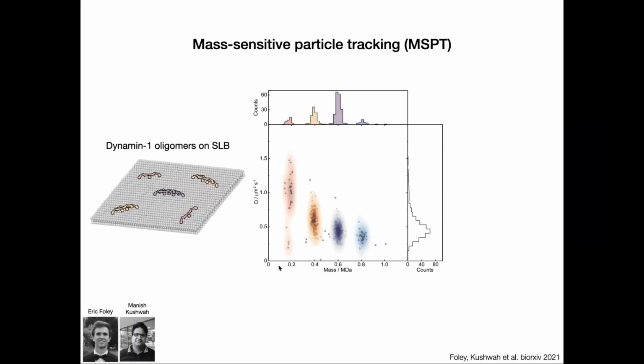And as you can appreciate, they found the different molecular species as distinct islands in this map.